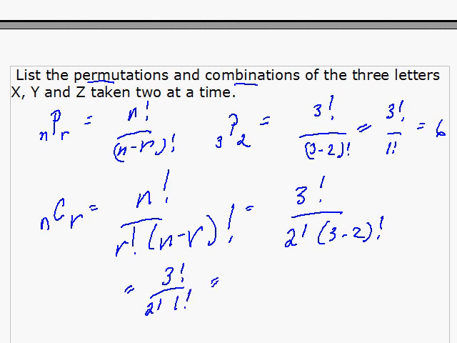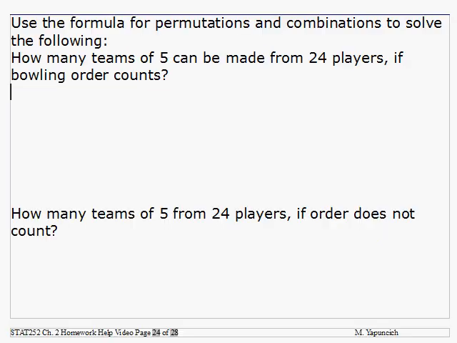Okay, well, 1 factorial is 1, 2 factorial is 2 times 1. So I really have, I'll just write it out here in this case. Cancel the 2, cancel the 1, and end up with 3. You could also write out all the combinations and count them up, and write out all the permutations and count them up, but this is how to use the formulas.